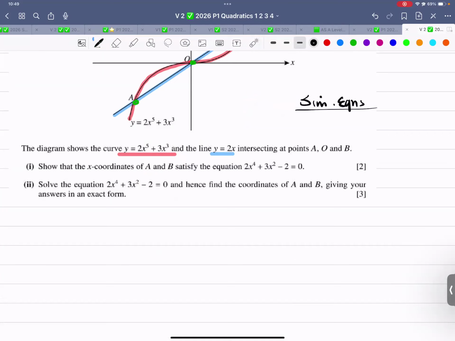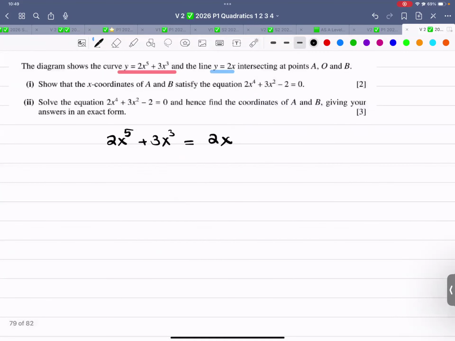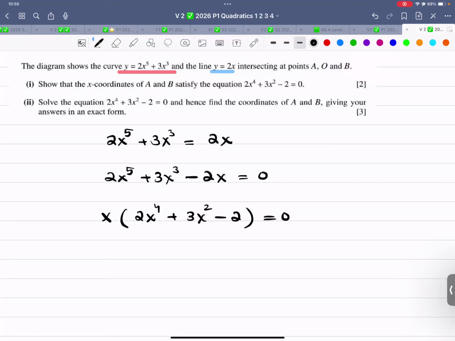That's the curve, 2x^5 plus 3x^3 equals 2x, equated to the line. Do not divide. 2x^5 plus 3x^3 minus 2x equals 0. Take x common out. That is x(2x^4 plus 3x^2 minus 2) equals 0.